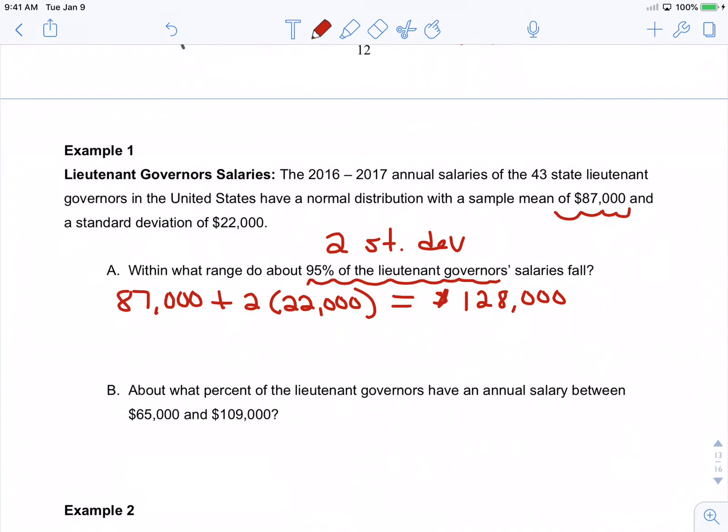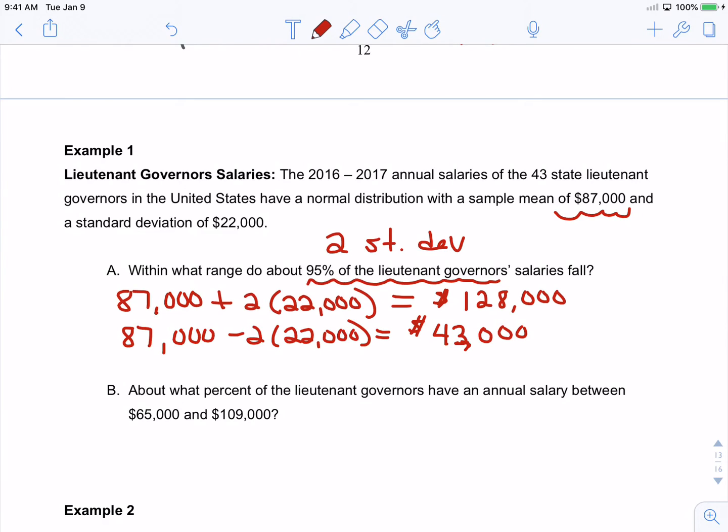Then I do the same thing, take the 87 minus 2 standard deviations, 87,000 minus 44,000, and that gives us a lower end of $43,000. So within what range do about 95% of the lieutenant governors fall?